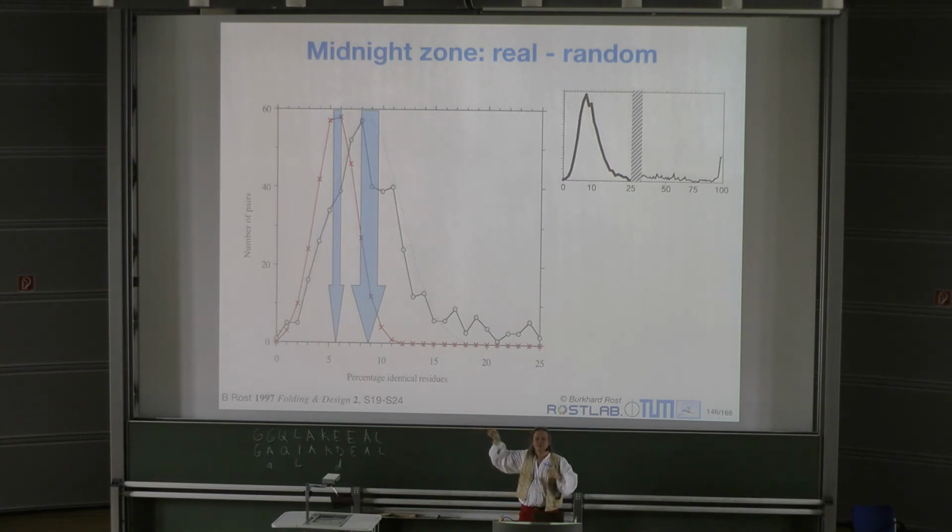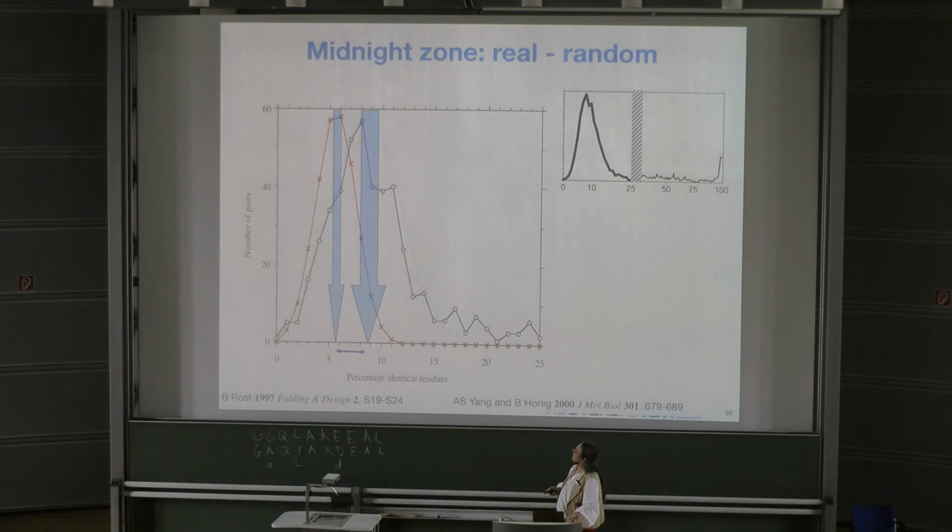So if the set of real structures would be like the red, then all structures would be related. There would be only one structure. Okay, they're not random. They differ. Structures differ. And the signal random in red and the signal all the structures here in black, the difference is this on average. And that is essentially all you need in order to realize all the universal different structures. This is actually amazing.